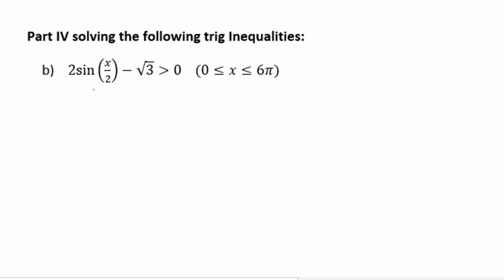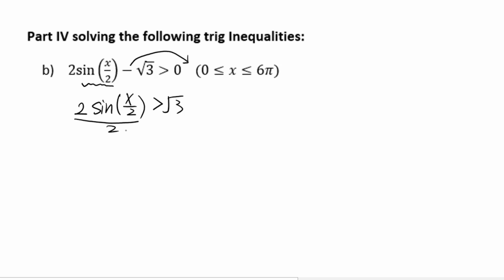Since this is a linear inequality, we still need to isolate sine x over 2 on one side. So we move negative square root of 3 to the right side. You will get 2 sine x over 2 greater than square root of 3.